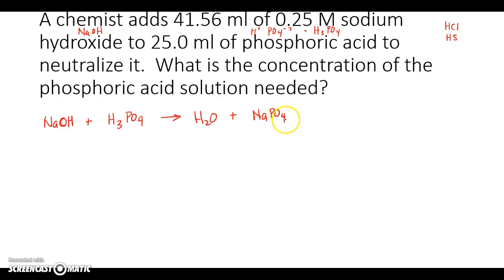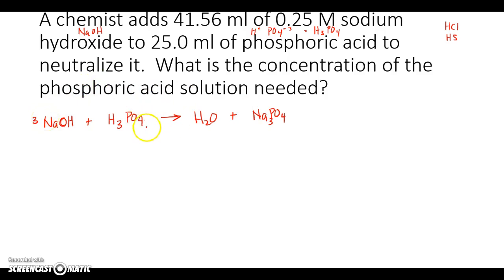Now remember, the PO4 has a -3 charge, and Na only has a +1, so we have to add a 3 over here. As soon as you see that, you can tell that the equation is not balanced, and so we do need to balance it. So we have 1 sodium here, 3 here. Let's place a 3 in front over here.